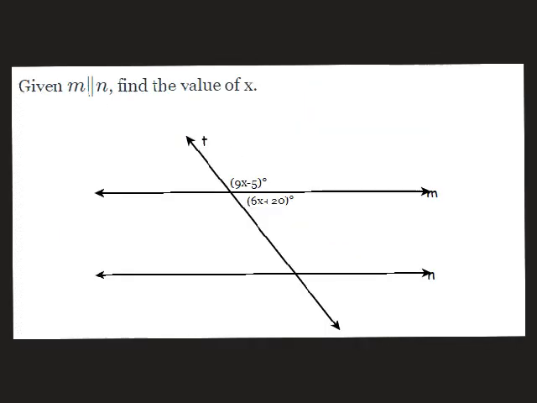Okay, so now again, they tell us that the given is that line M and line N are parallel. M is parallel to N, so we know that's true. And it's cut by line T, that's your transversal. So find the value of x. Well, I know that this angle and this angle are supplementary.